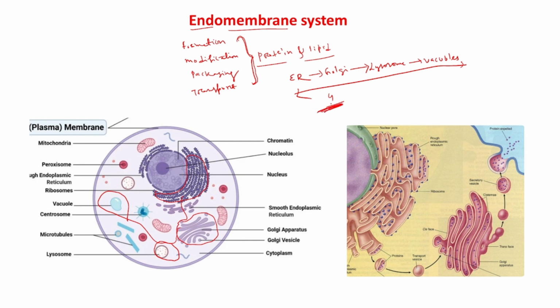Why these organelles? Because these four organelles coordinately manage the formation of protein and lipid and their transport, of course. Other organelles, for example mitochondria, chloroplast and peroxisome, are also present, but they have different functions.